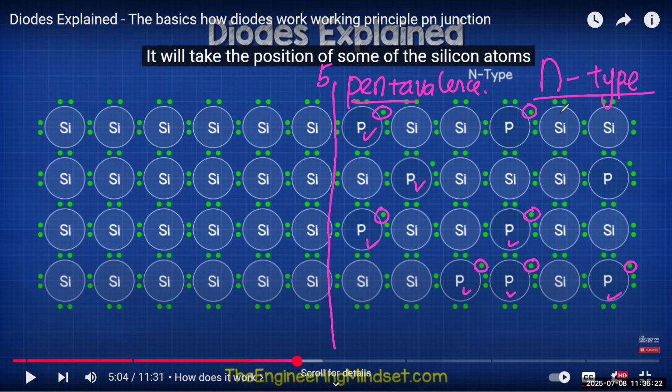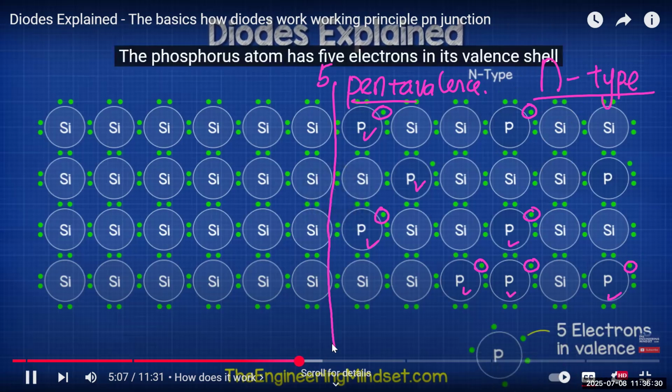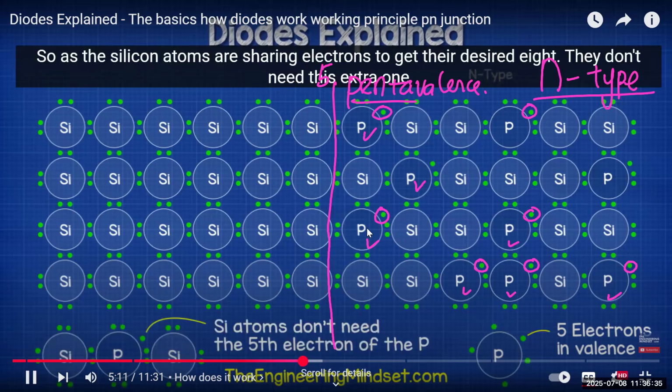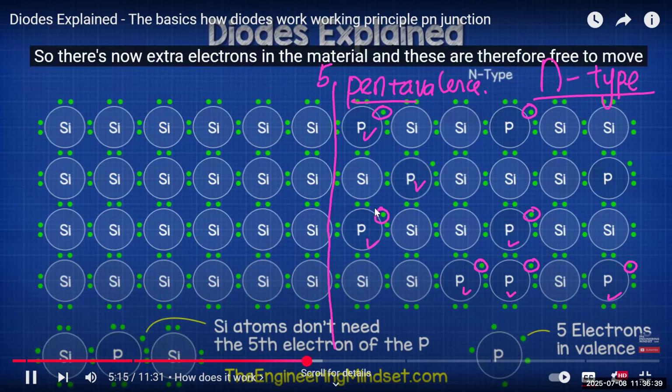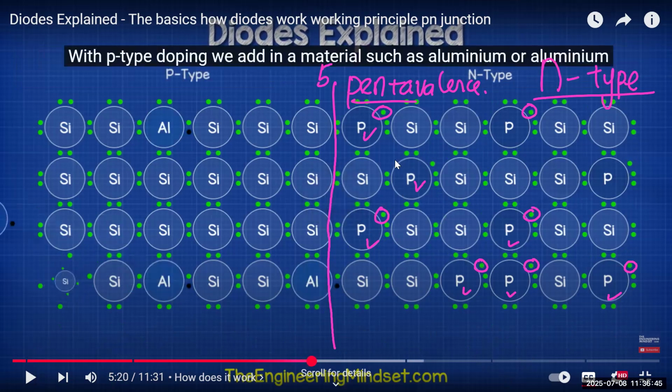N stands for negative. So this is in group 15, and 15 means 5 valence electrons. Then you can see, since they have free electrons, the free electrons can move around.